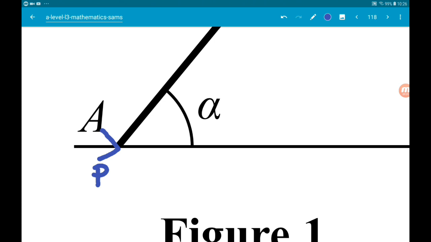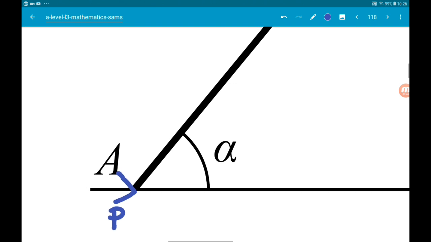Is it working with P or against P? For part A we don't need friction, so I'm not going to put it on. Now we also know that there is going to be a reaction between the floor and the ladder. So that's going to be working straight up and we'll call that R.